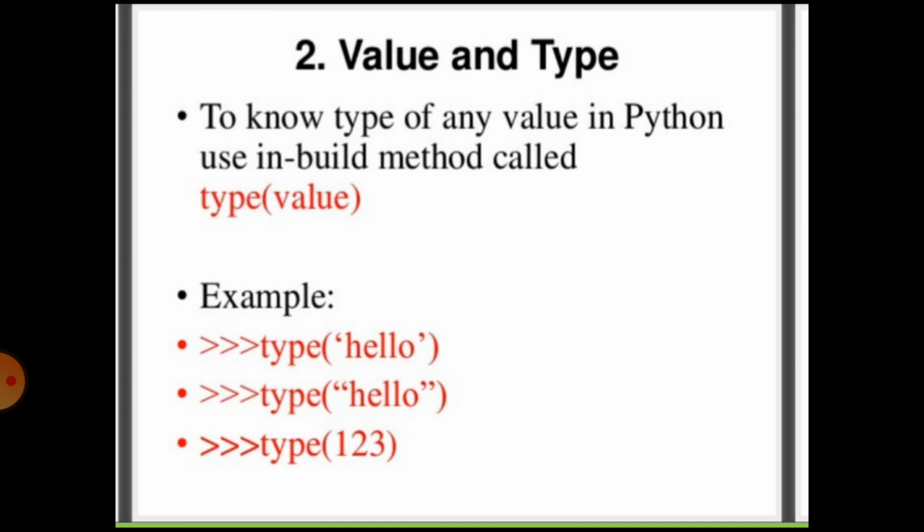To know the type of any value in Python, use the inbuilt method called type. The syntax example: type of hello, type of 123. The first statement will display string, and the last statement will display integer. So through the type function we know the type of value.